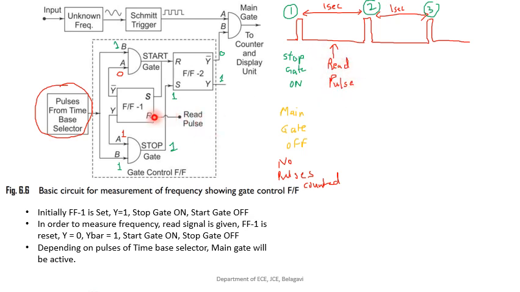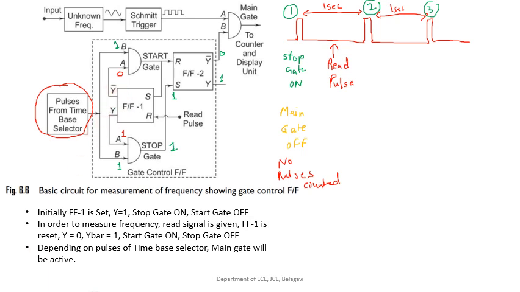This read pulse is given here, at reset of flip-flop 1. Because of this reset of flip-flop 1, what happens? The y of flip-flop 1 will become 0 and y bar will become 1.